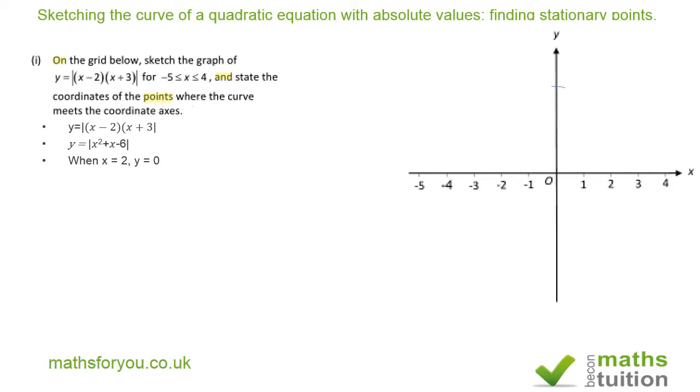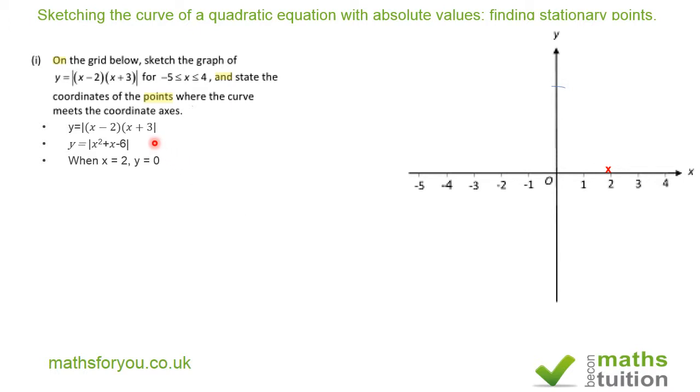When x is 2, y is 0, because 2 minus 2 gives me 0, and 0 times anything gives me 0. So when x is 2, y is 0, as we got on the right hand side. Excuse my plotting, not very accurate, but there you are.